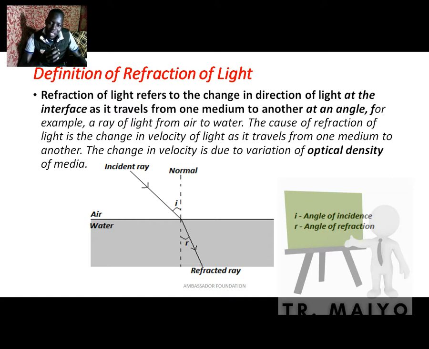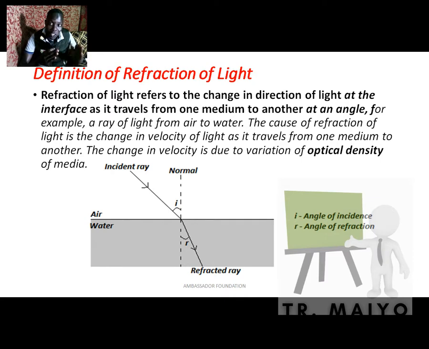So now, for example, look at this. We have air and we have water. Of course, the two are different materials. Air is different from water. So the light is traveling from air to water at an angle. If I say at an angle, I mean the way light is entering the boundary, the interface, is not normal.